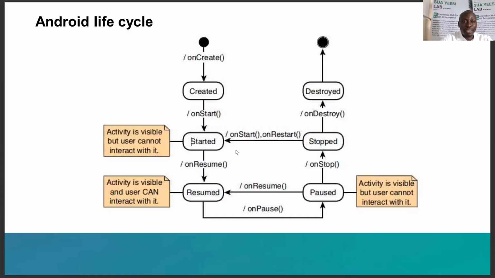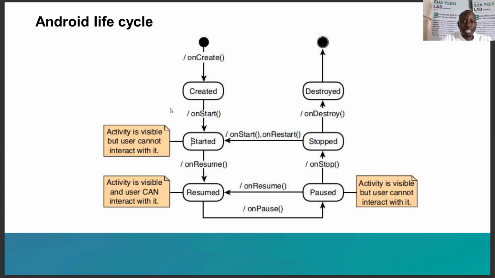So here we have the Android life cycle. When you have created and developed your mobile app, and you want to run it on an Android-based mobile phone, this shows the life cycle of a running mobile app on an Android-based phone.